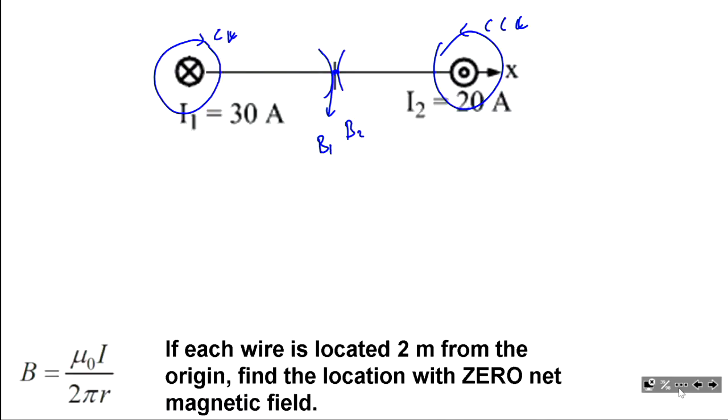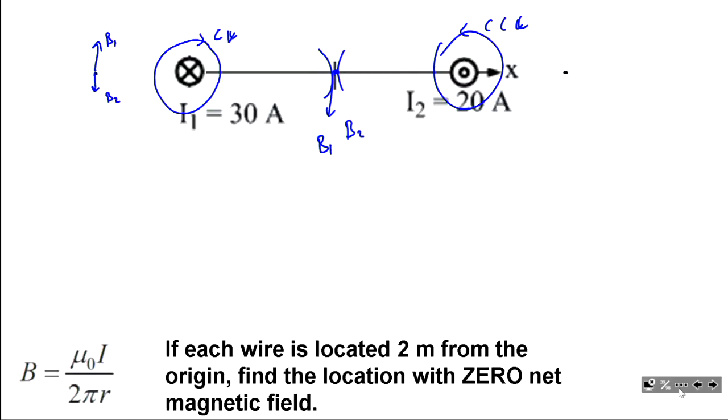So we have to check two other natural choices, to the right of the system and to the left of the system. To the left of the system, magnetic field number 1 should point straight up, and magnetic field number 2 should point straight down.